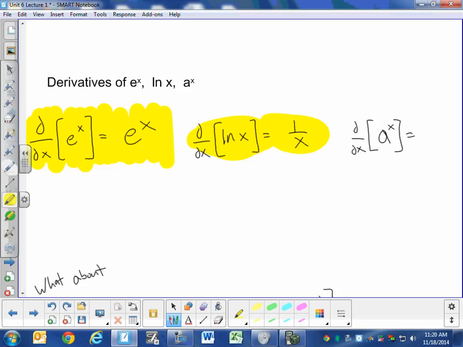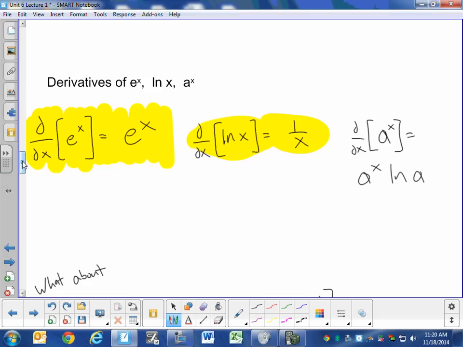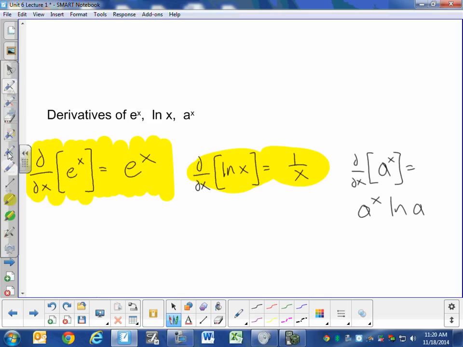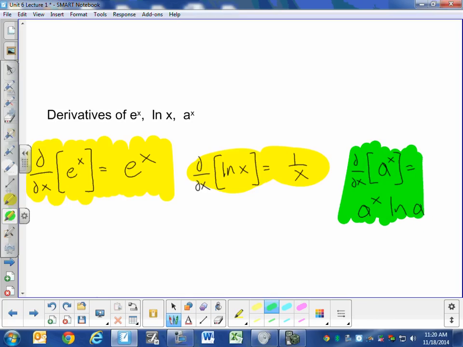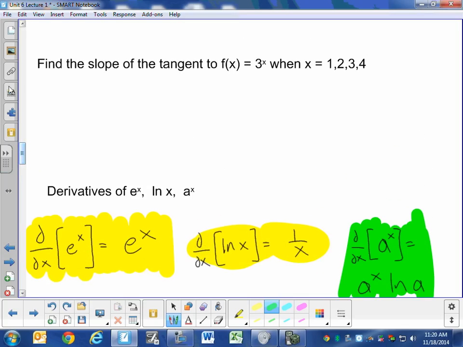Okay, now, derivative of a to the x. Turns out the derivative of a to the x is similar to e to the x. Derivative is a to the x log a. Now, I'd want you to confirm that using your calculator with 3 to the x at, say, 2.